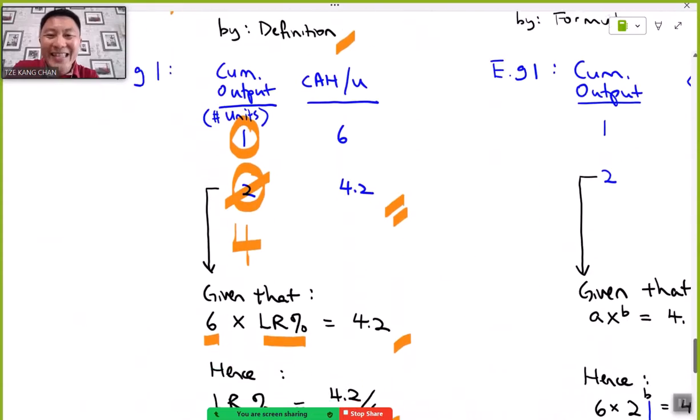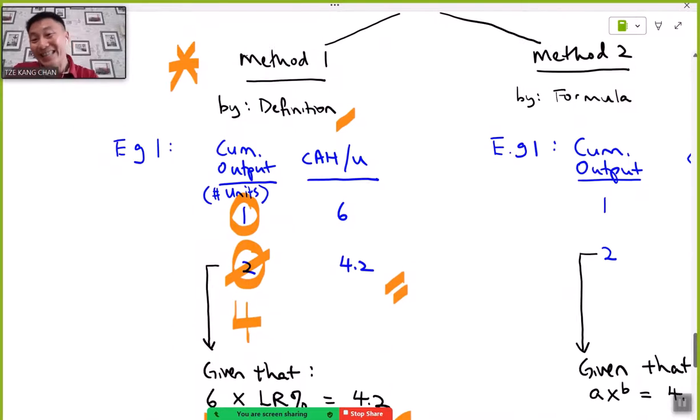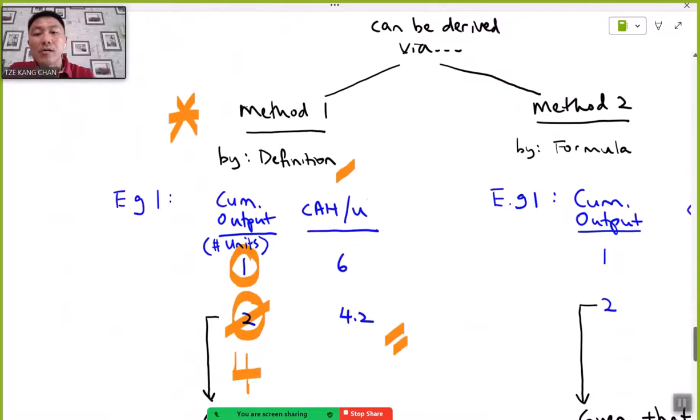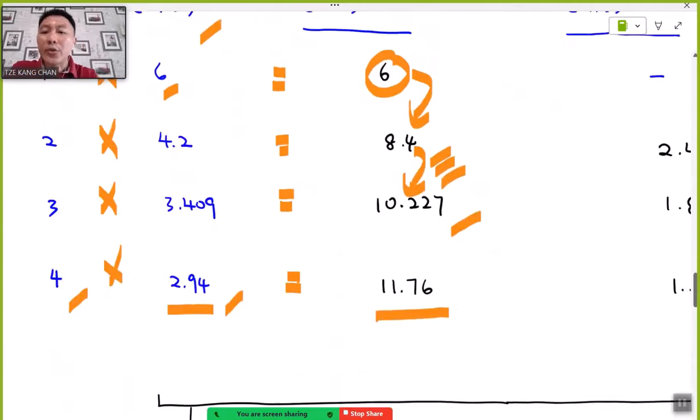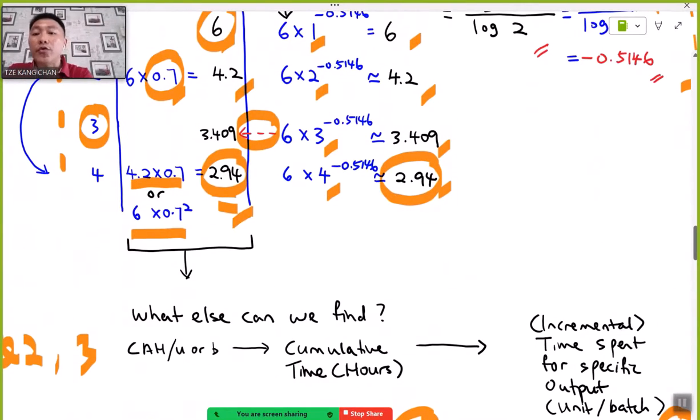So from this number, what we have to do is base upon the reading of 2.94 as the cumulative average hour per unit. As we have discussed a while ago, the 2.94 could be derived based upon the second way of expressing the definition, 6 multiplied by 0.7 to the power of 2. Once again, you are still going to find the learning rate by leaving this as an unknown.